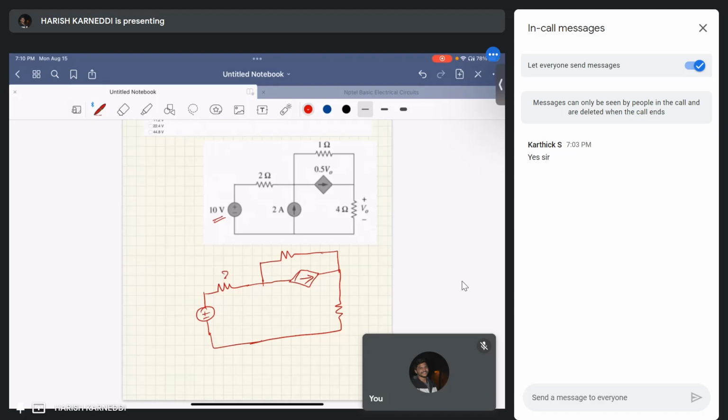This is 2 ohm, 10 ohms. I consider this as V1 for the 10 volt source. 4 ohm, 1 ohm, 0.5 V naught.